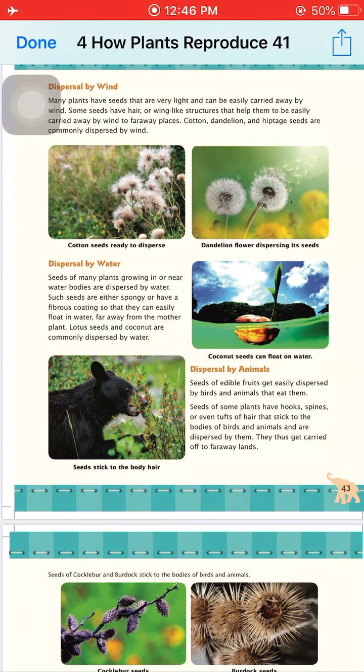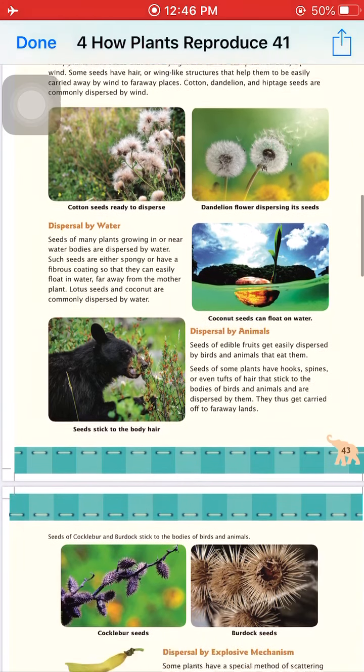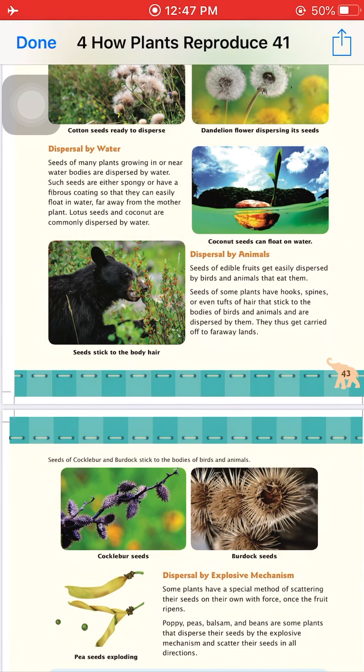Some plants have hooks, spines, or even tufts of hair that stick to the bodies of birds and animals and are spread by them. Examples of seeds dispersed by animals are cockleburr and burdock.